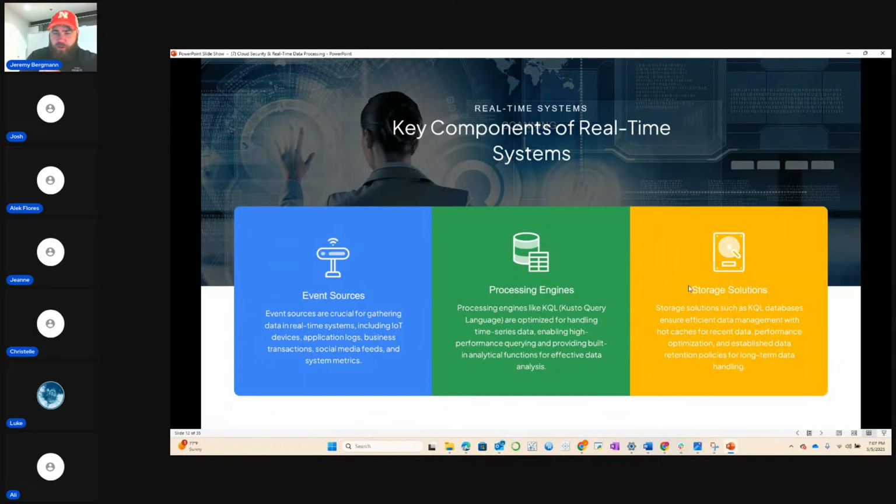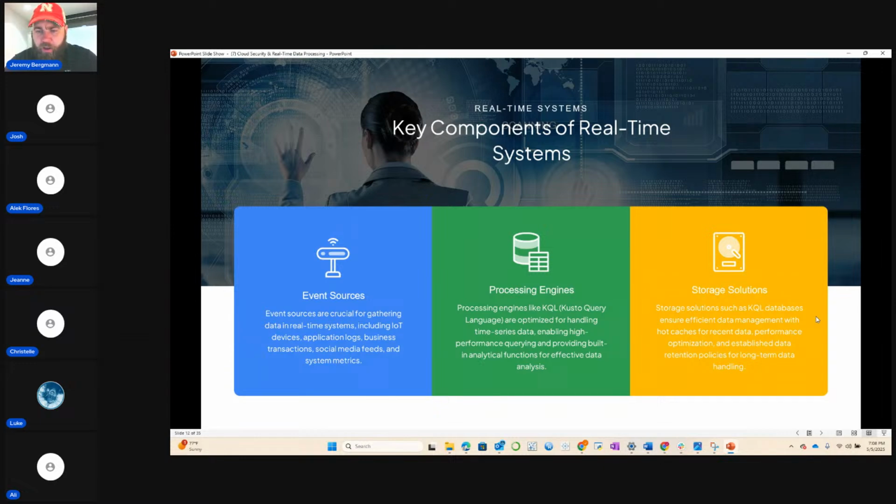And then storage solutions. You can store it in a thing called a KQL database. It has data management, hot caches for recent data, and so forth. It would be expensive to store it in KQL because it's near real time and high performance. Maybe you could take it offline, store some of it in a data lake and process it later.